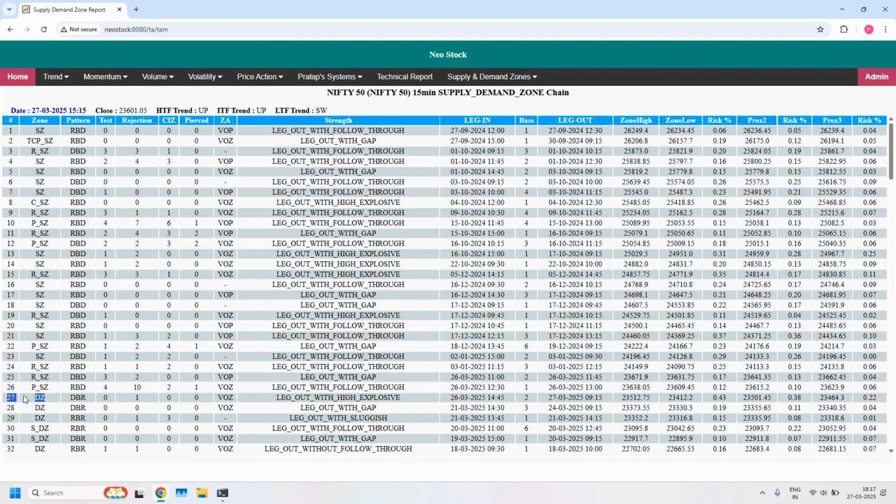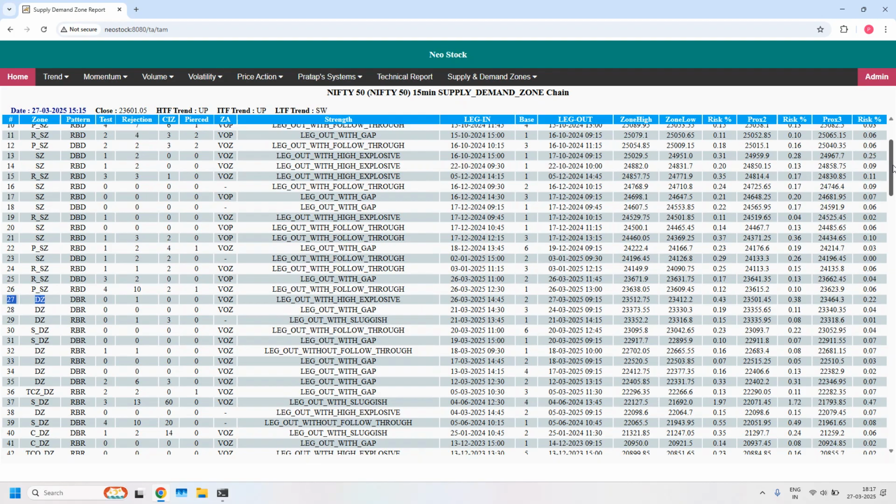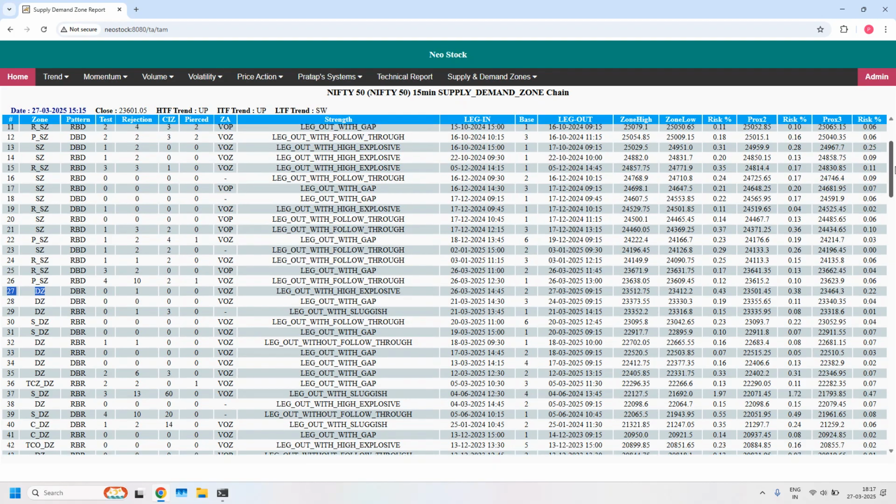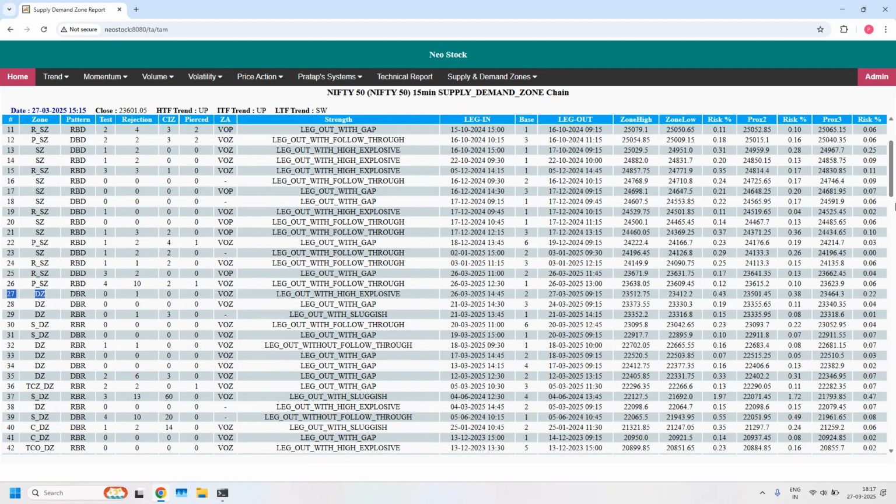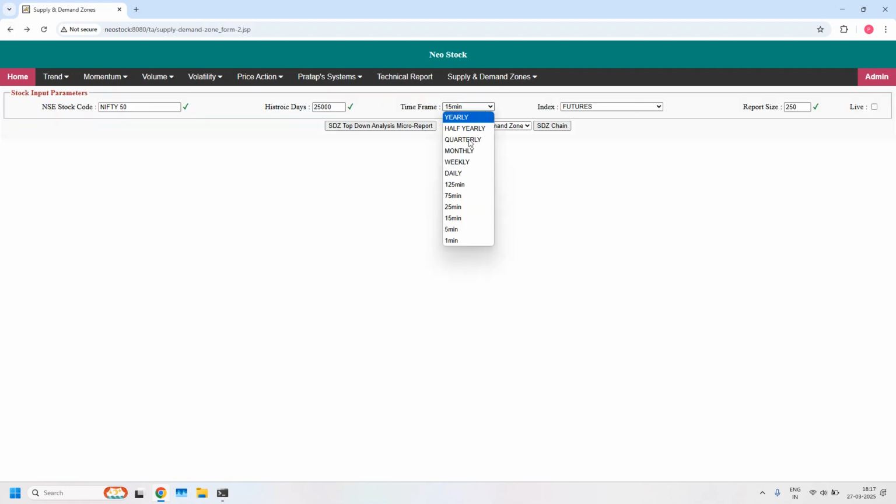Serial number 27 is the nearest demand zone, so let me put it in the center. Okay, next, 5-minute supply demand zone chain for NIFTY.